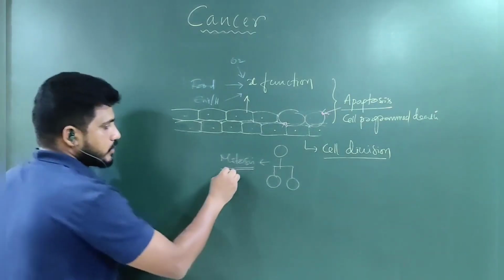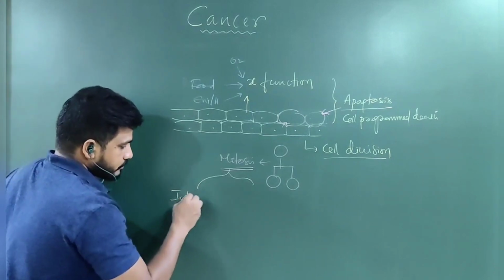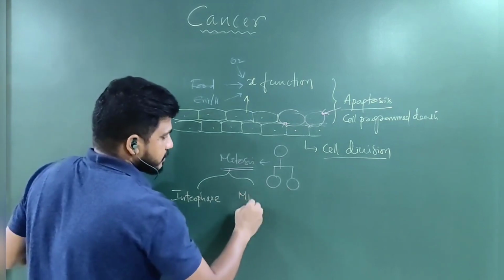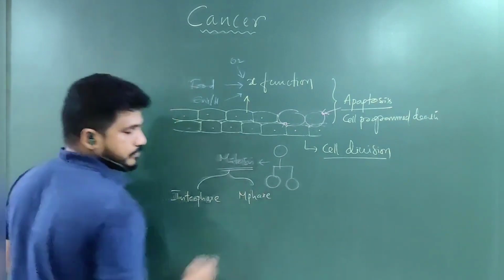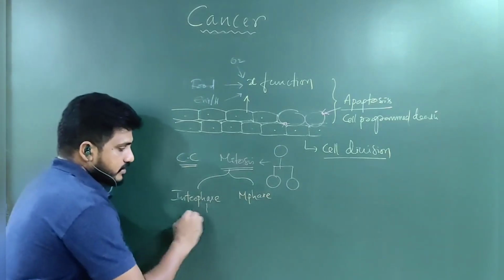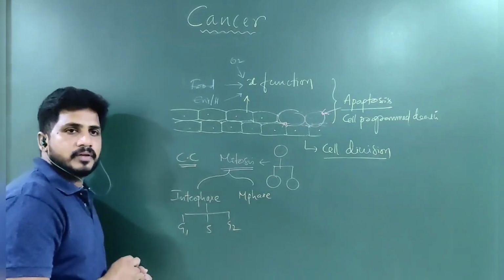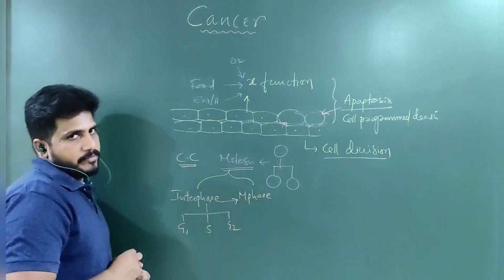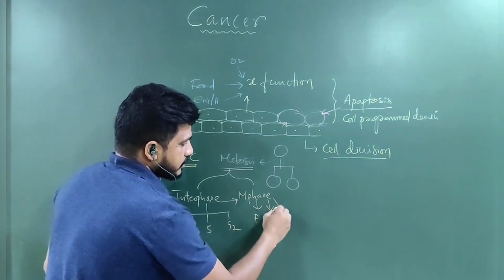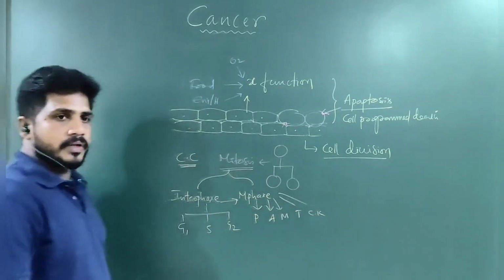In the cell cycle there are two steps: one is interphase and the other is M phase. We just recall the knowledge of the cell cycle. In interphase, G1, S and G2. Later it continues as M phase. In M phase, prophase, metaphase, anaphase, telophase and cytokinesis will be there.